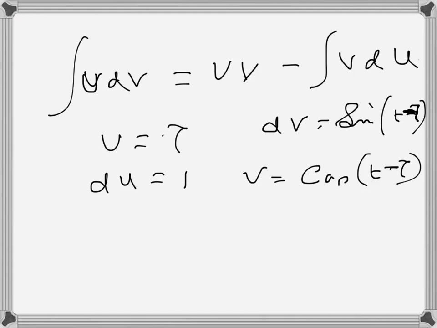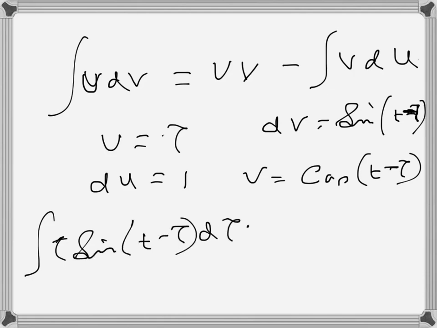I will just write the right hand side. The integration is u is tau and dv is sine of t minus tau. I made a video before, or a couple, I don't remember, about integration by parts, so I'm just writing it directly.